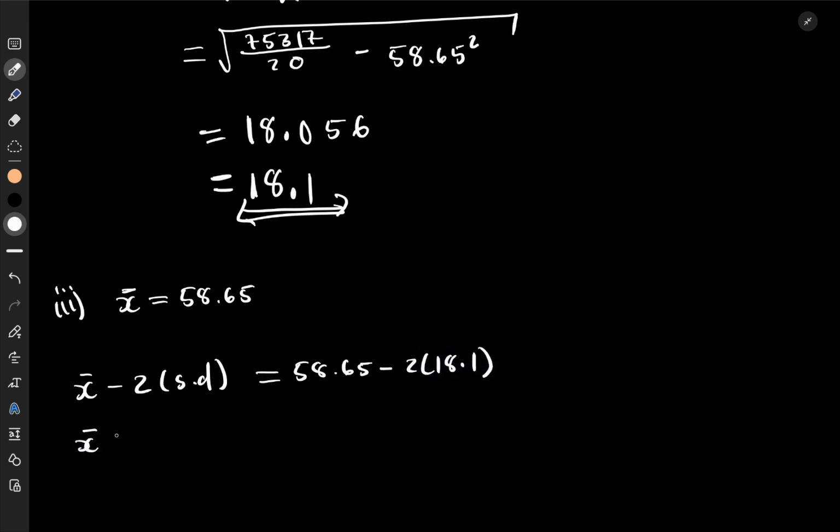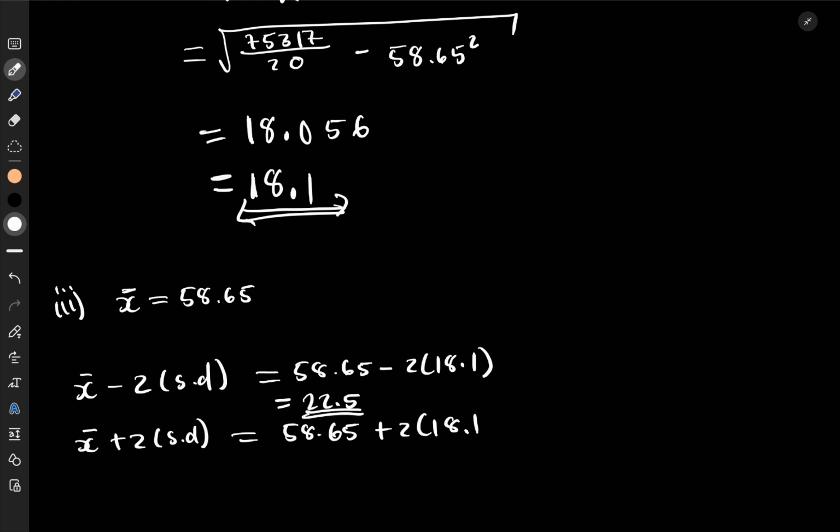Then I'll take the mean plus 2 standard deviations, 2 times SD, which is 58.65 plus 2 times 18.1. We'll see what the answers are. So 58.65 minus this gives me 22.5.